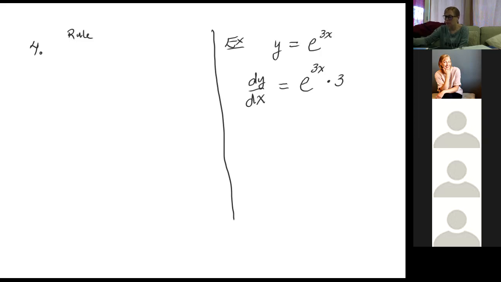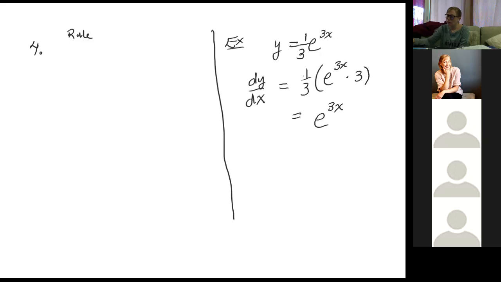If I wanted to modify that slightly and just really didn't want to end up with that constant at the end, then let's say I started with the function y equals 1/3 e to the 3x, which means my derivative becomes 1/3 times the derivative of e to the 3x, which is e to the 3x times 3, or just e to the 3x.